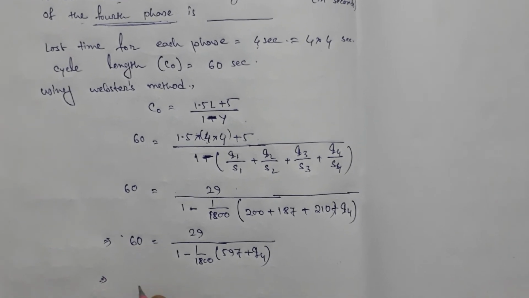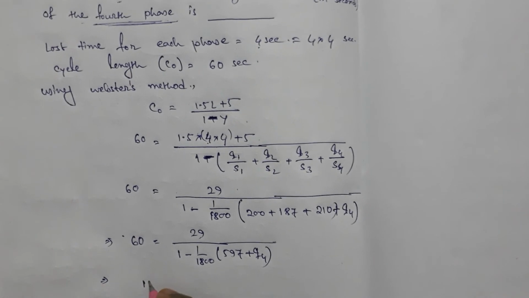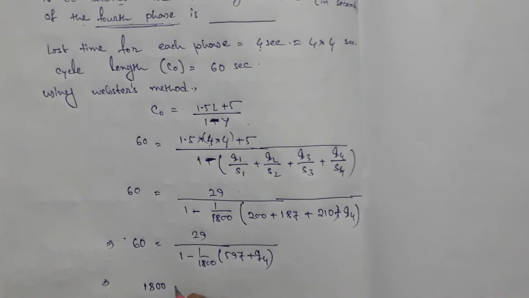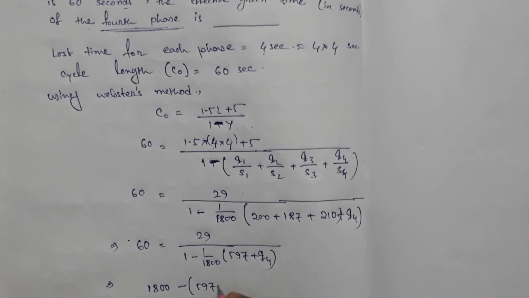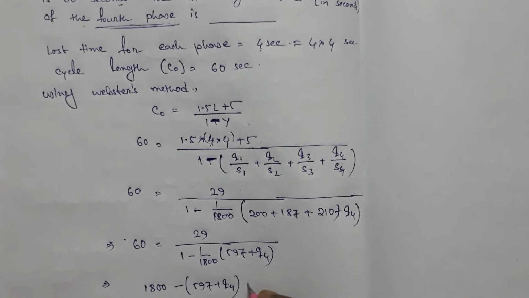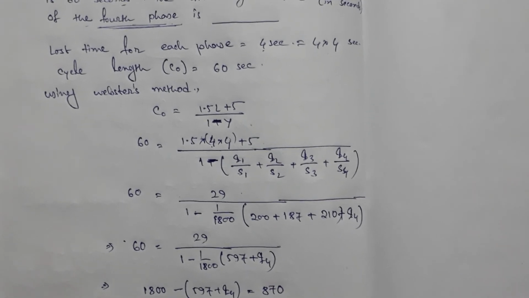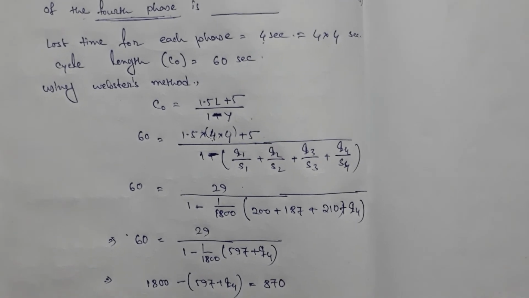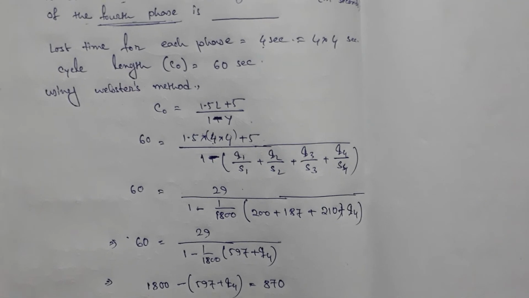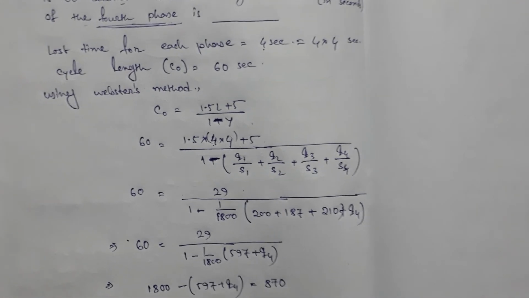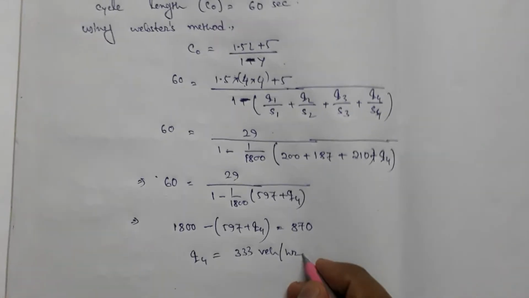By solving this equation, Q4 comes to 333 vehicles per hour.